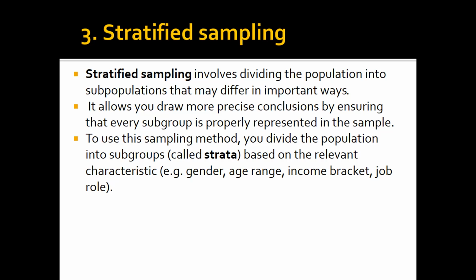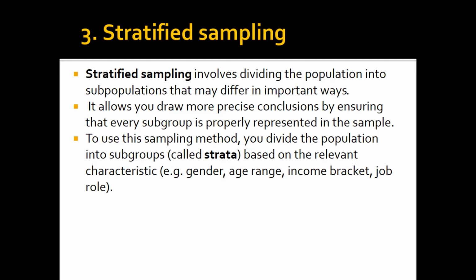There is homogeneity within the subgroups: all officers of a particular designation, or all officers who are males, all officers who are females, all officers with 1 to 4 years of experience, 5 to 10 years of experience, 11 to 15 years of experience.